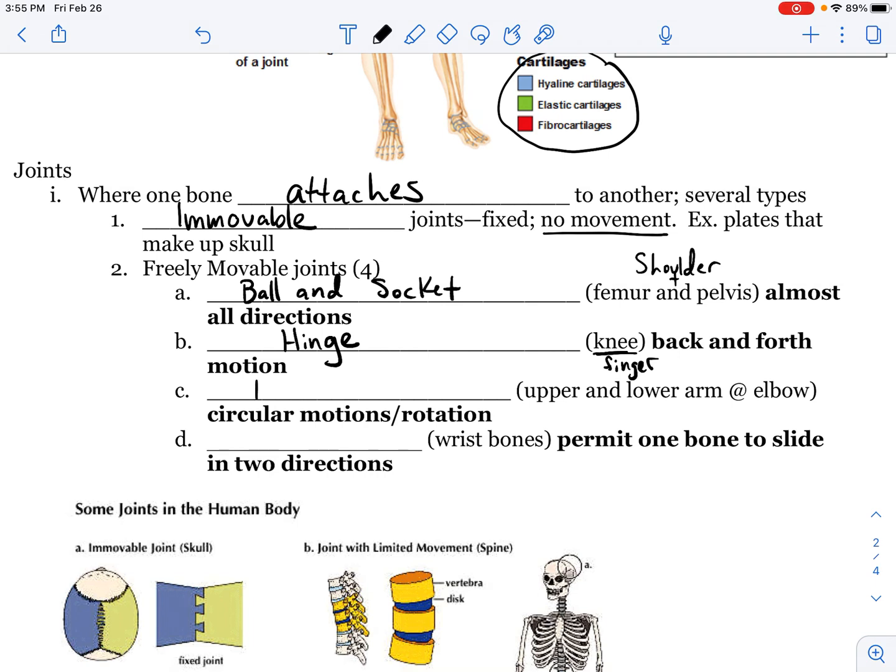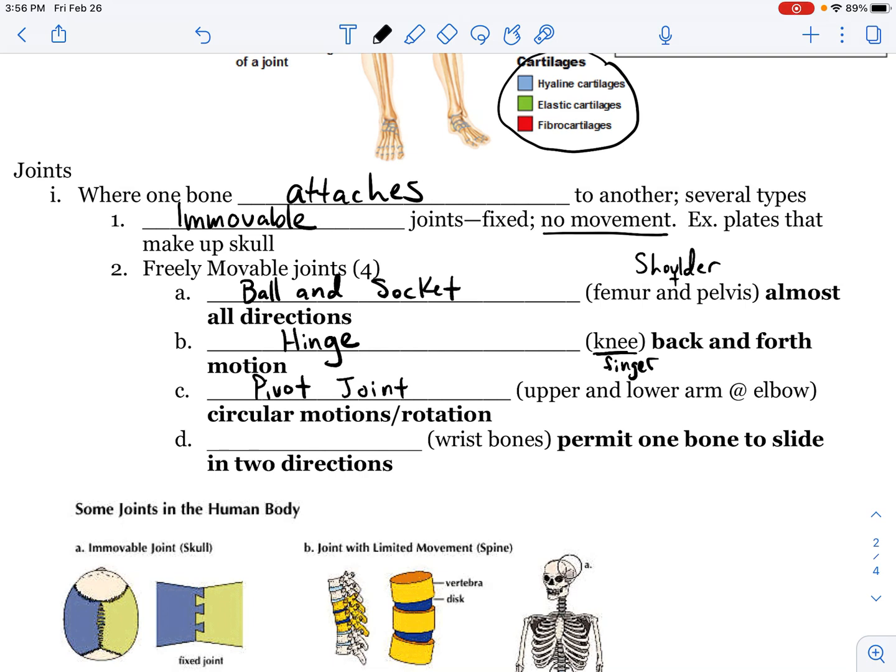The third is called a pivot joint. A pivot joint allows circular motions and rotations. It is where one bone pivots around another. So at the elbow, between your upper and lower arm, you get a rotation of the radius around the ulna, and that is a pivot.